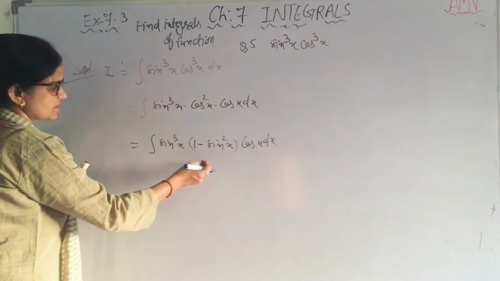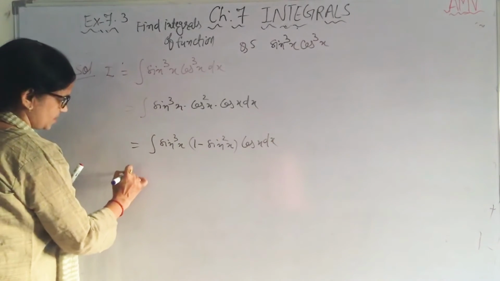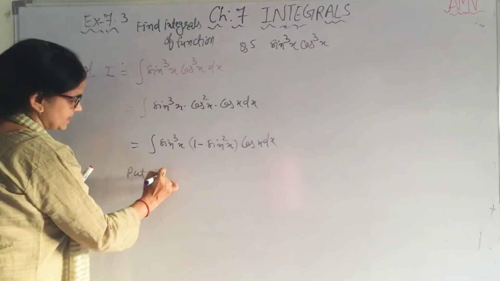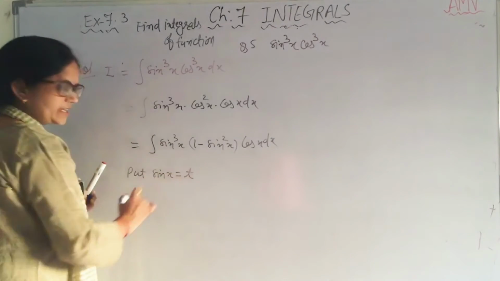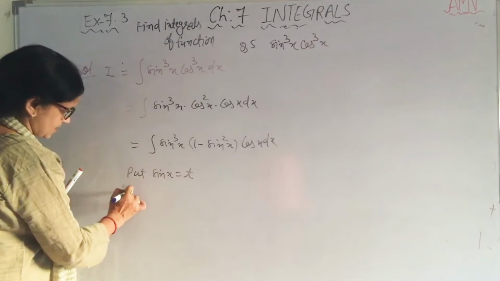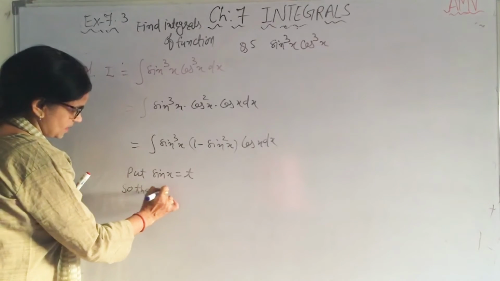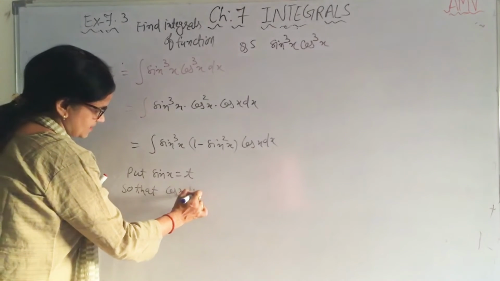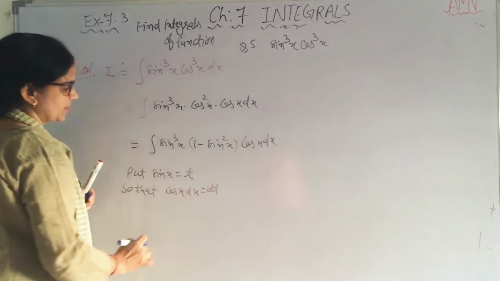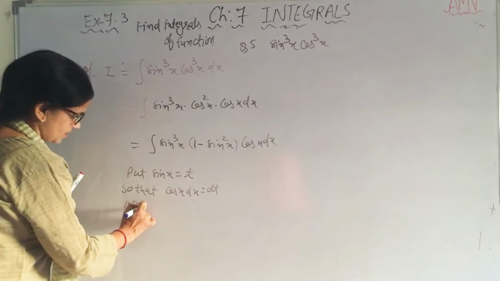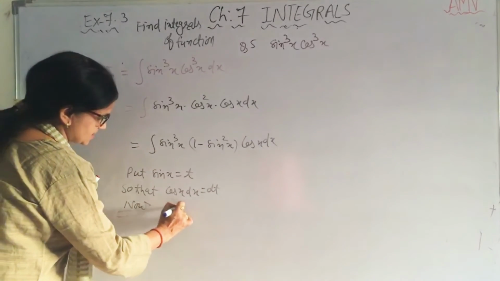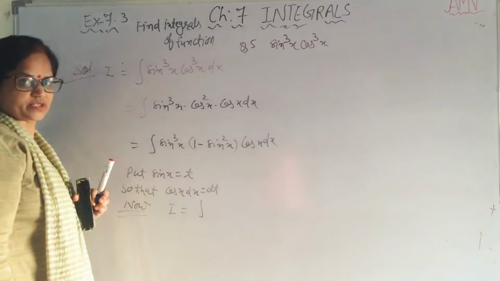Very simple. Substitute or put sin x equal to t. So the derivative of sin x, cos x dx, is dt. So now our question is I equal to the integration.